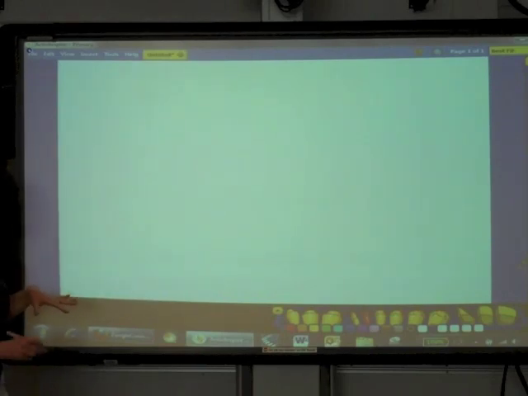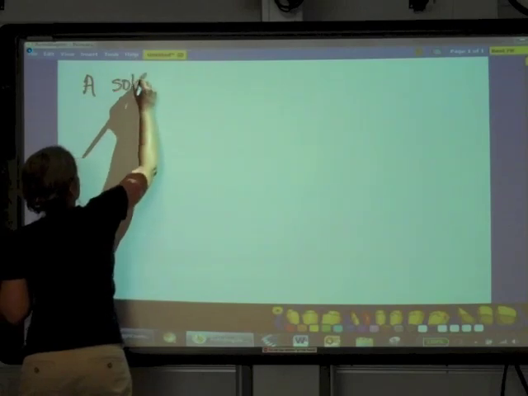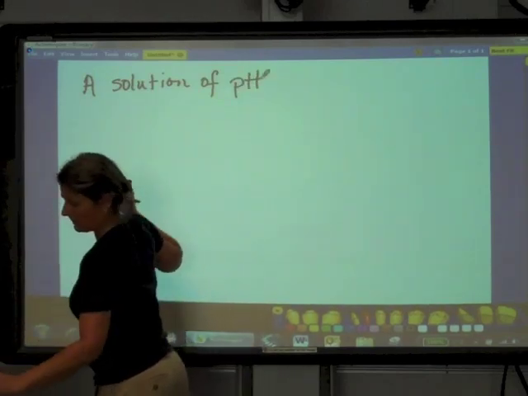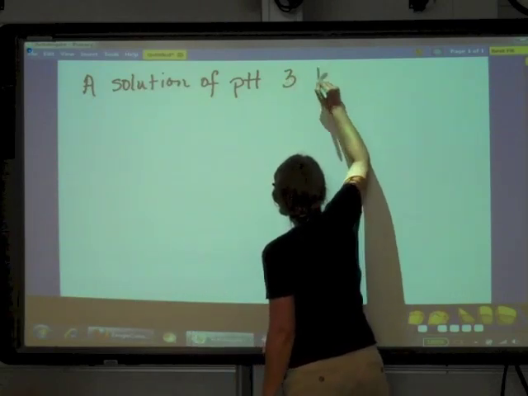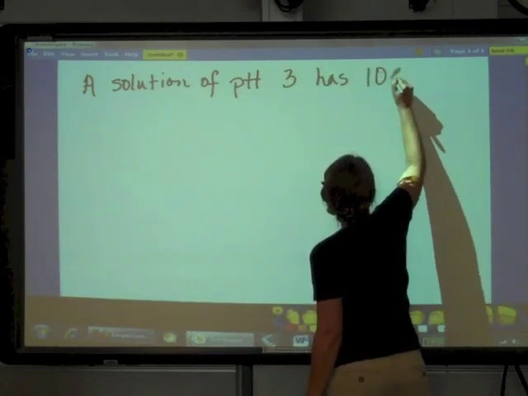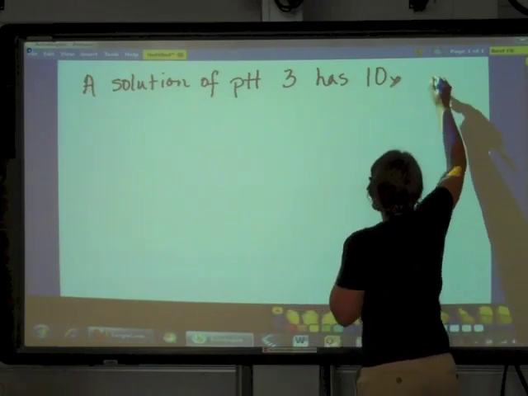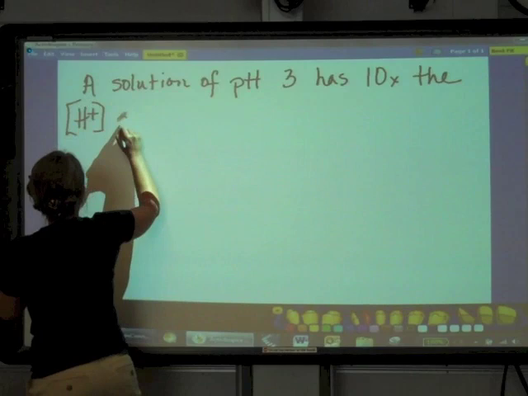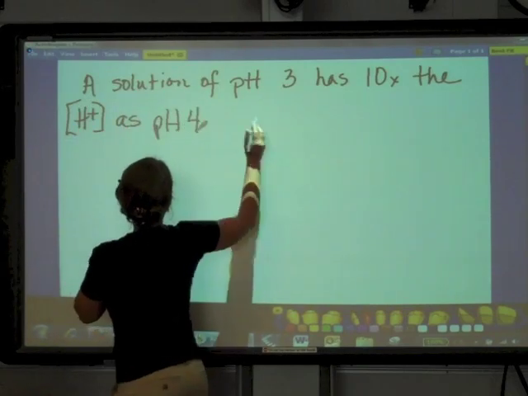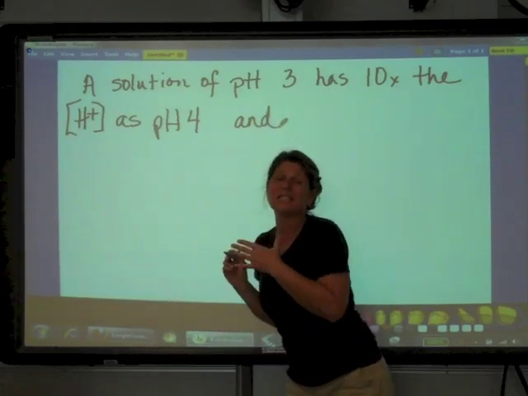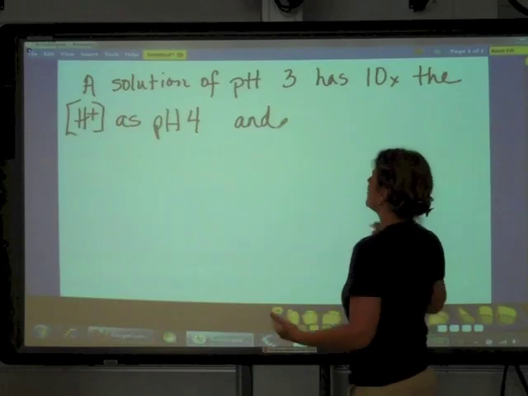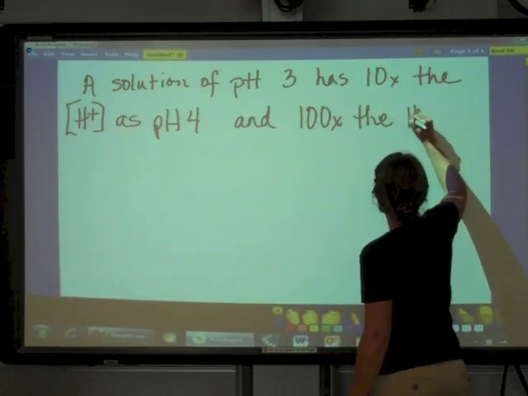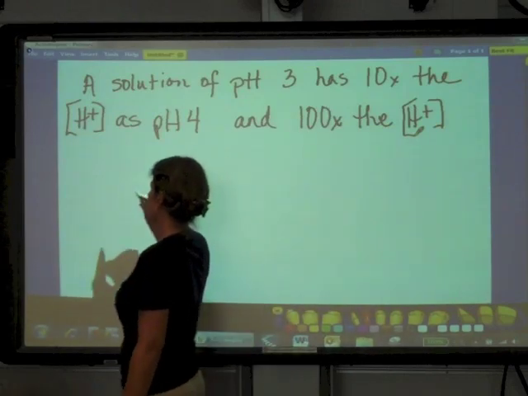So a solution of pH 3 has 10 times the hydrogen ion concentration as pH 4, and how many times compared to pH 5? 100 times the H plus as pH 5.